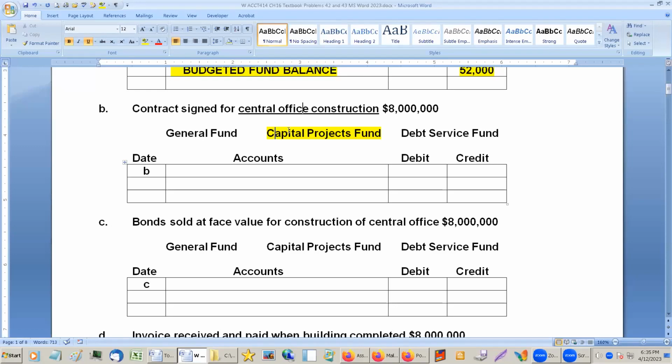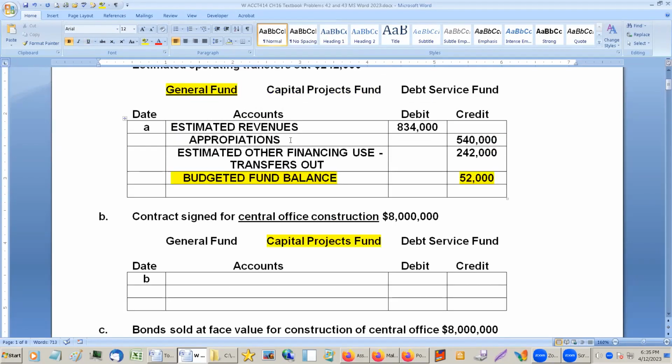But a lot of times if it's specific, like for this certain building or this certain bridge, then they'll make it into its own separate fund. When it gets completed, they close it out. They do that for budgeting reasons.